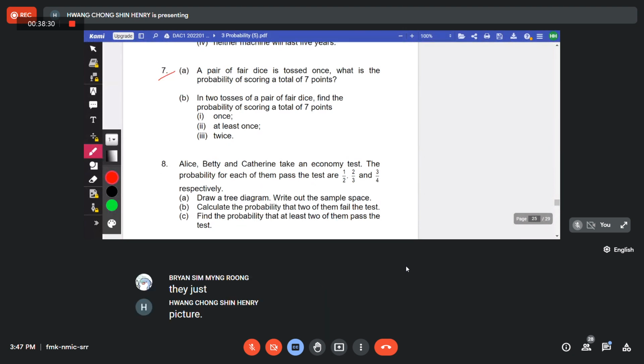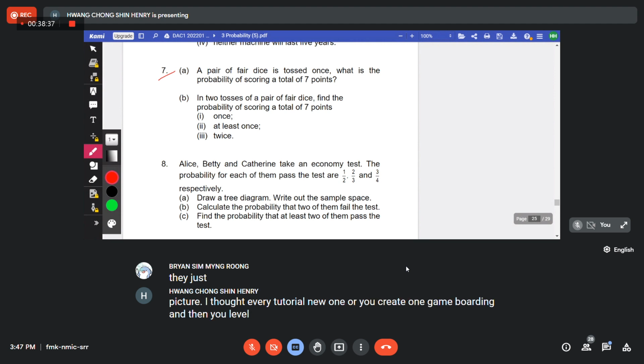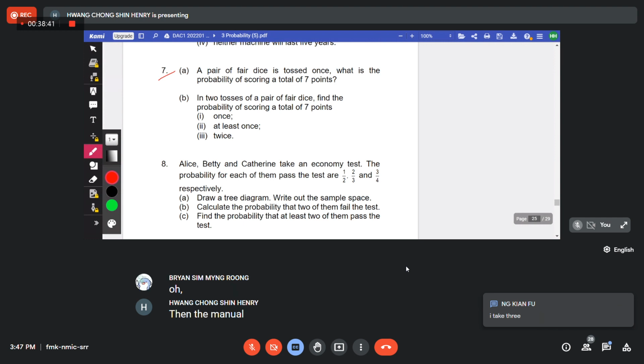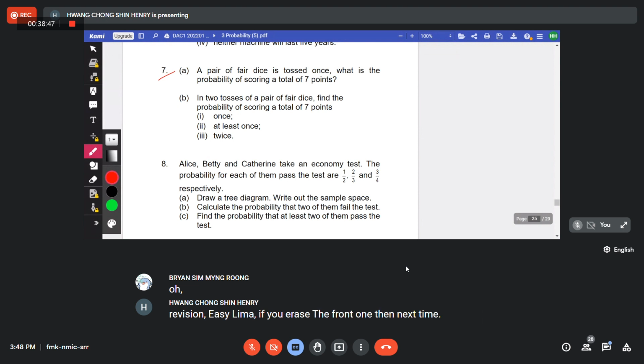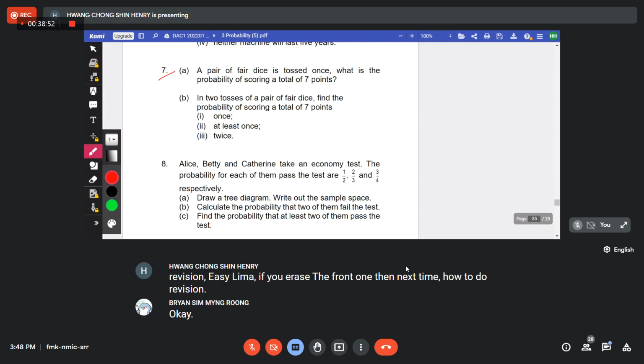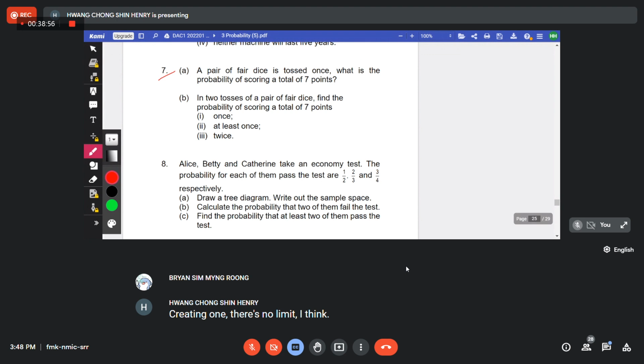I thought every tutorial you create a new Jamboard link, then you label tutorial 1, tutorial 2A, 2B. Then your members can do revision easily. If you erase the front one, then next time how to do revision? Okay, create a new one. There's no limit, I think. You can create as many as you can.